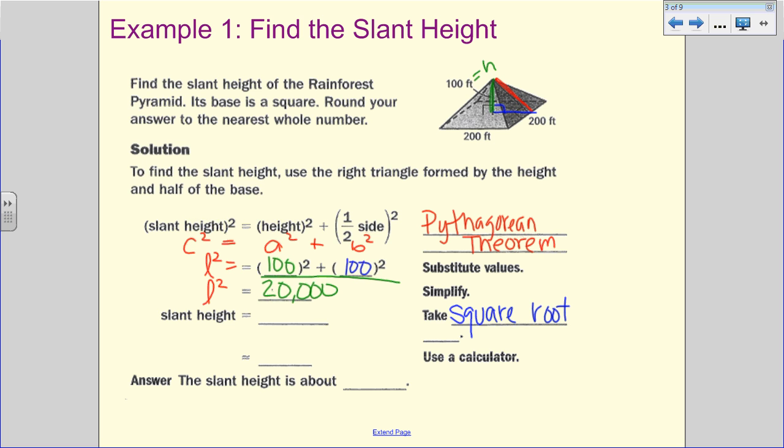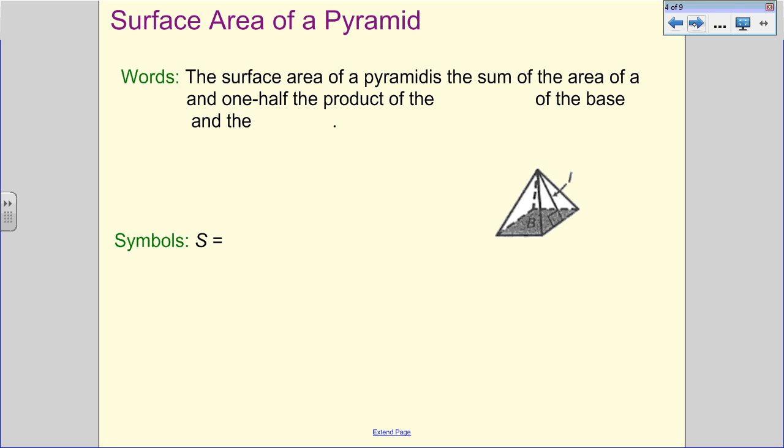So you're going to take the square root of 20,000. And we're going to round that to the nearest hundredth, so 141.42. So about 141.42 feet. So what that means is we stopped this problem at finding the slant height. In some of our problems tonight, we may need to find slant height and then go and find surface area.